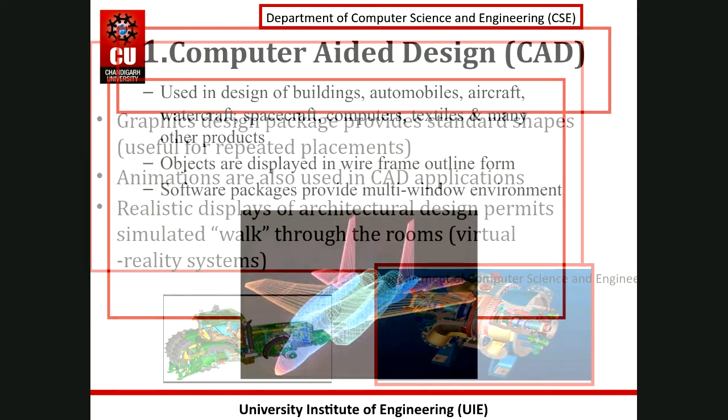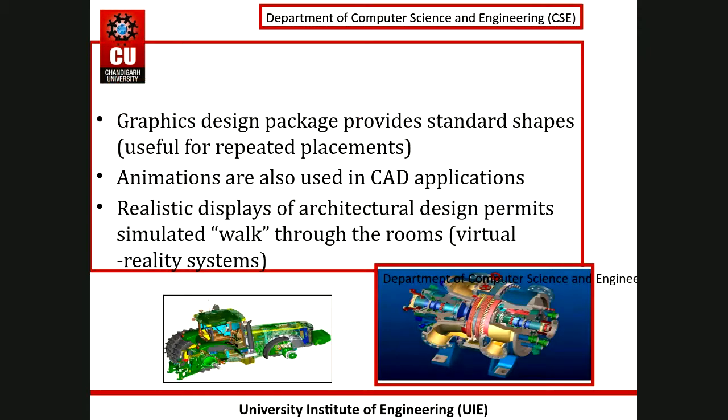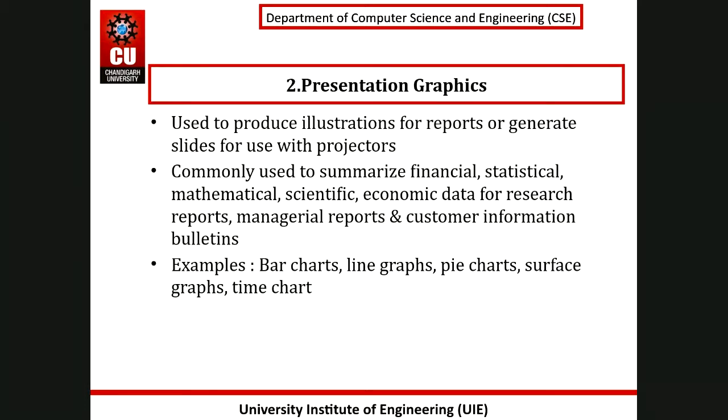There are certain graphics packages used for drawing different kinds of shapes, and we can also apply animations to the CAD application. Animation means we can rotate this image that is shown on our computer screen. We can also rotate, or you can say translate, this image from one place to another place. So first application is in the field of CAD.